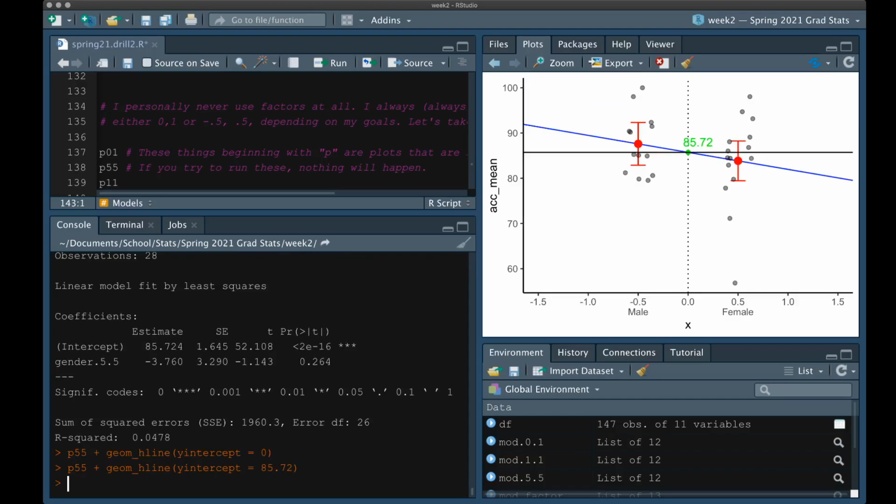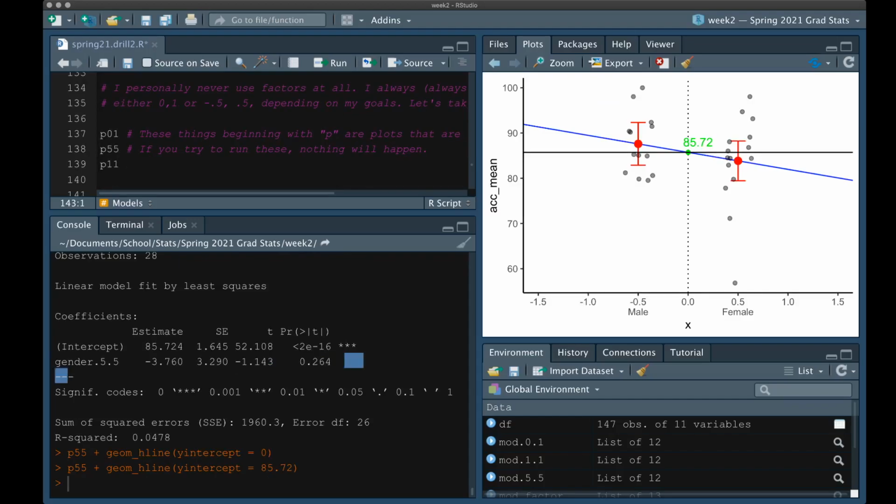So here, what this is testing: if we just have one line that is the intercept only, which is this black line right here, what is our sum of squared errors of using this black line? We predict this value for all of the females, and this value for all of the males.